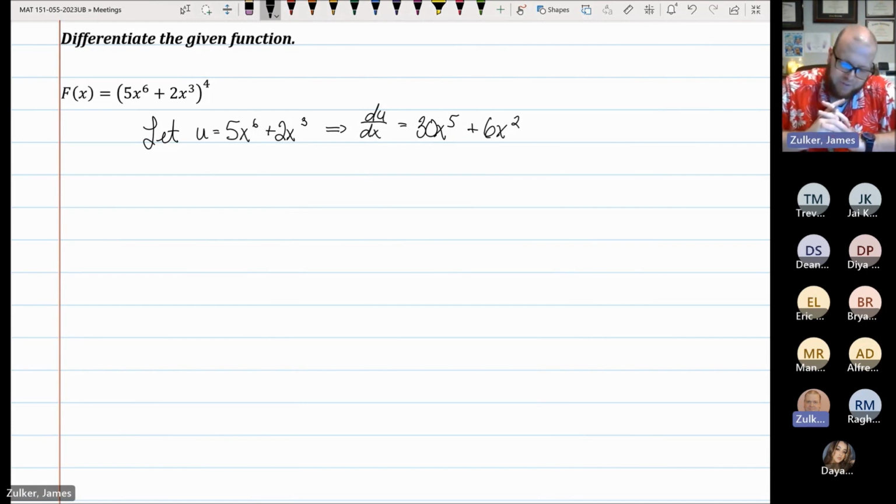Then du/dx, that derivative, is 30x to the fifth plus 6x squared. f of x now becomes u to the fourth.